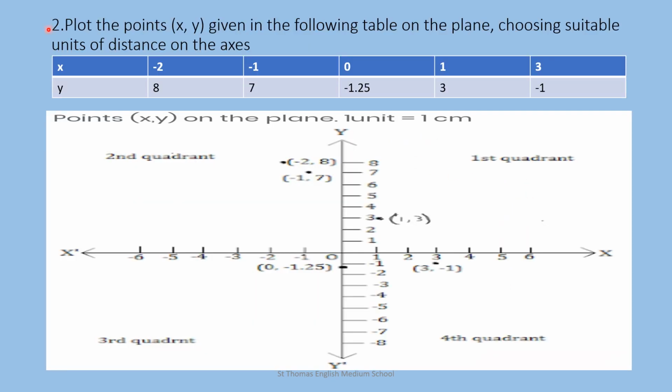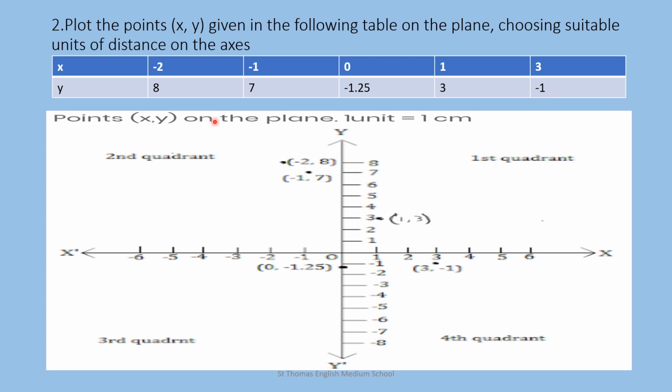Question number 2. Plot the points (x, y) given in the following table on the plane, choosing a suitable unit of distance on the axis. Here x and y coordinates are given. The first point is (-2, 8), second is (-1, 7), (0, -1.25), (1, 3) and (3, -1).